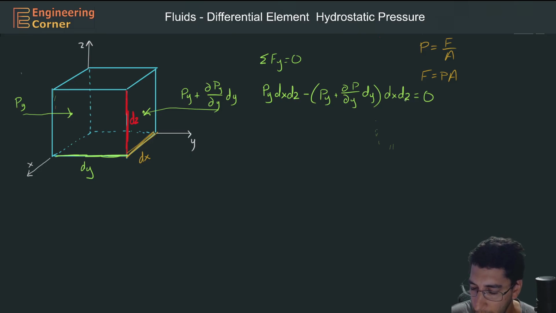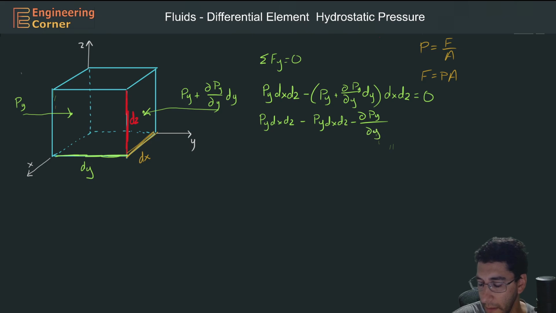All right, now being careful, in this case, I'll do everything out. I'll have P_y dx dz minus P_y dx dz minus this change in pressure in the y, partial P over partial y, dy, dx dz.